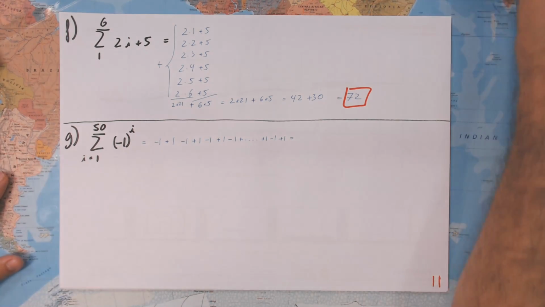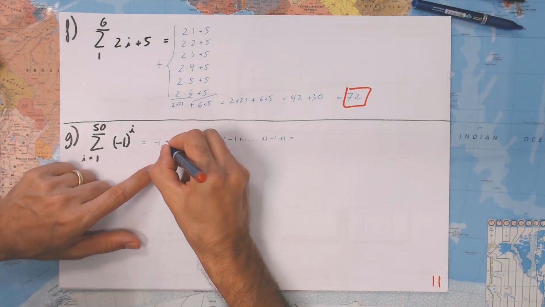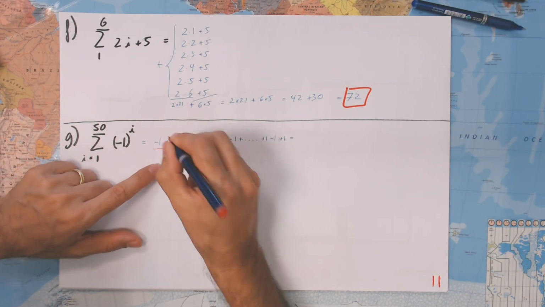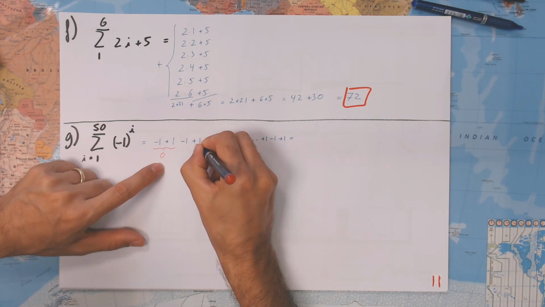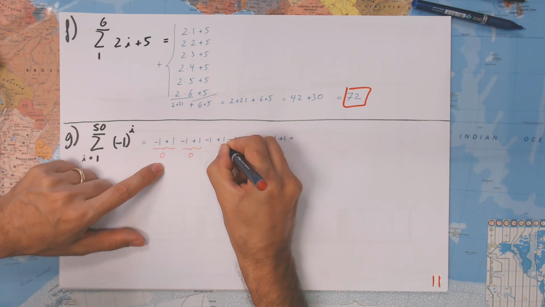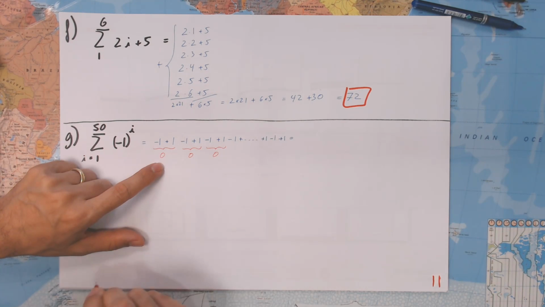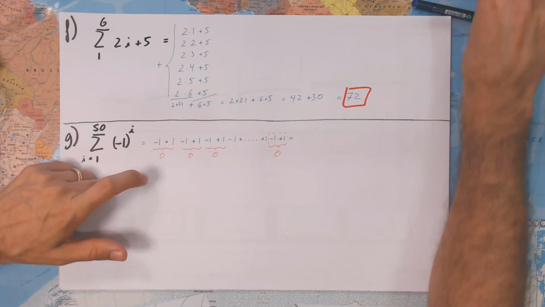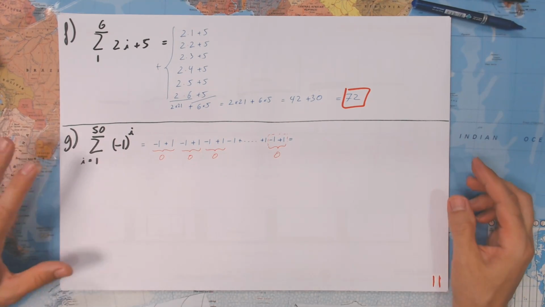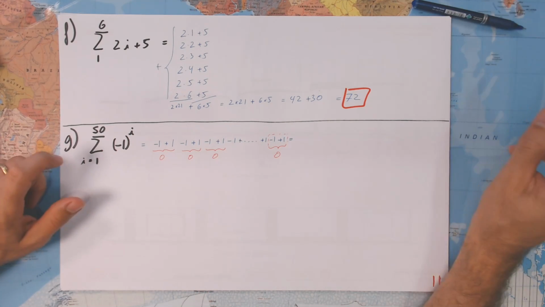Now, what I mean by this is this. Let's take them in pairs. This pair is 0, 0, 0, and so on. Okay, those pairs. Well, we have 50 terms, right? Let's write it down.